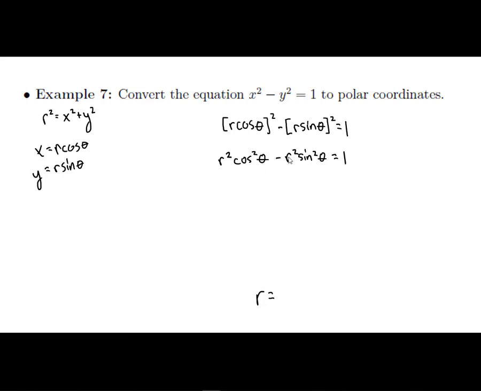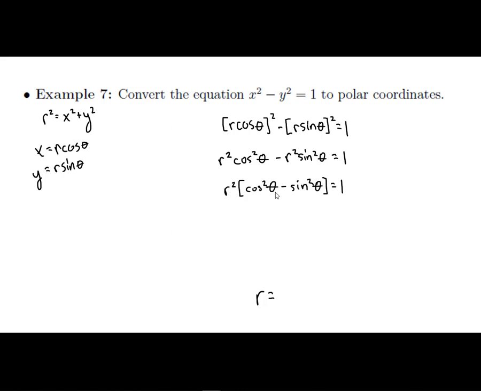And so I've got r squared in both terms, so that means I can factor an r squared out of each term and be left with this. Now, always be on the lookout for ways that we can simplify.